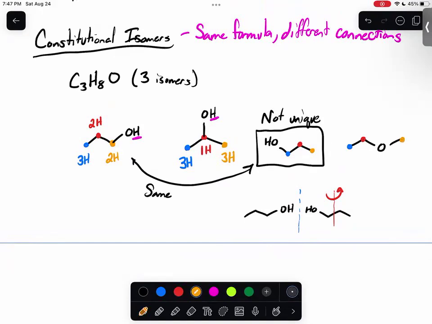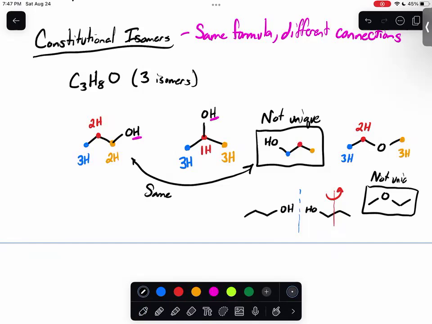If we do a quick count of hydrogens, this indeed is C3H8O. As a matter of fact, this is the last isomer we can make, because if we try to put the oxygen between the red and the blue carbons, we would once again have made something that is not unique.